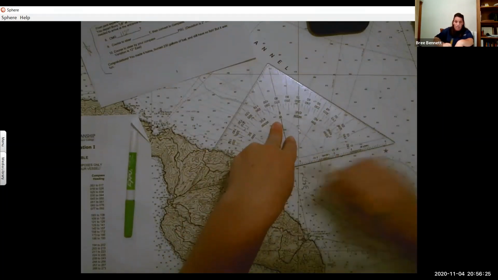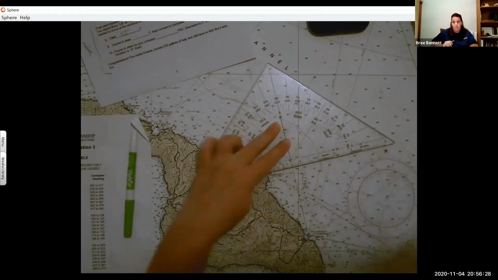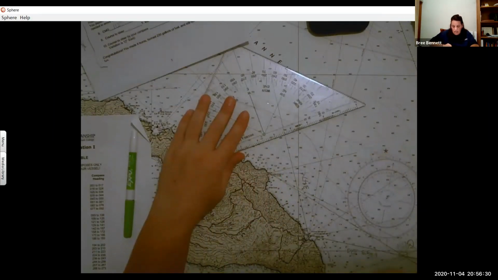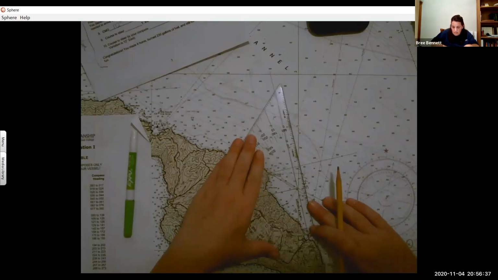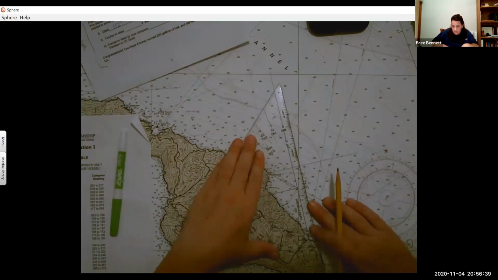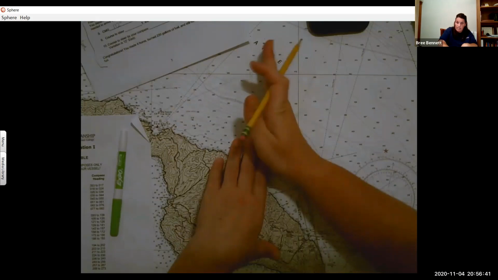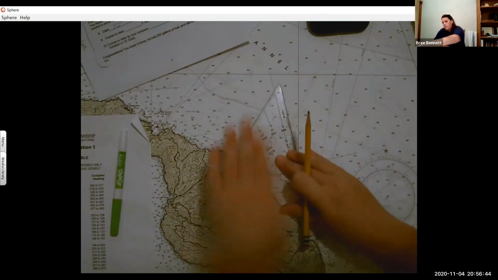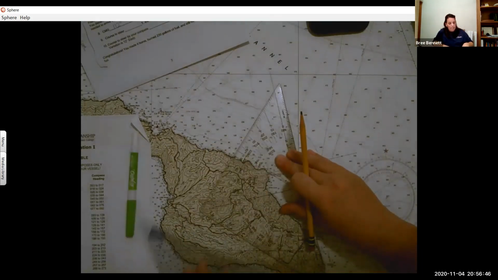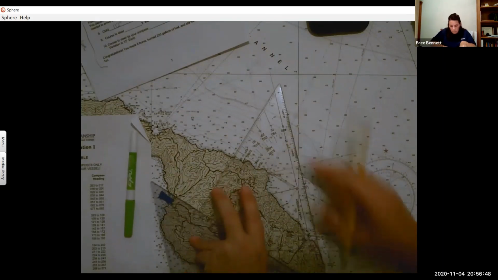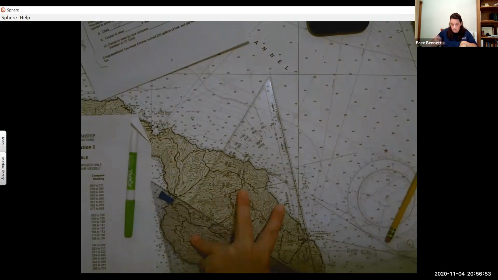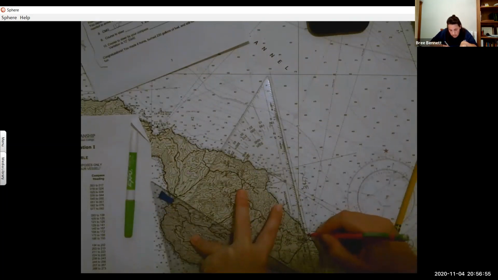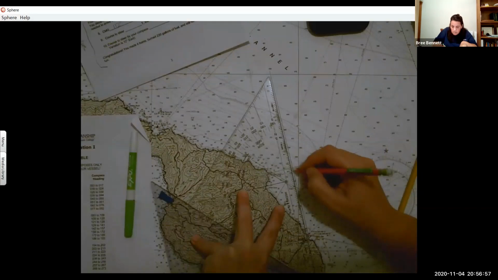And I'm going to draw out an LOP. Then I had buoy 2 directly behind me, so I can parallel my heading line, because my heading would be directly ahead of me, directly behind me, right in line with that buoy 2, which is pretty close to my other line there. But it is a little bit off.